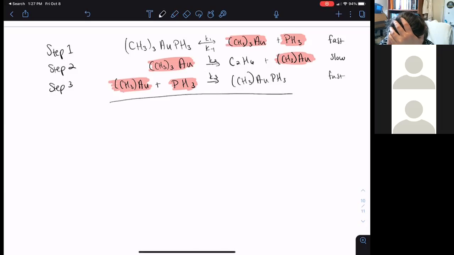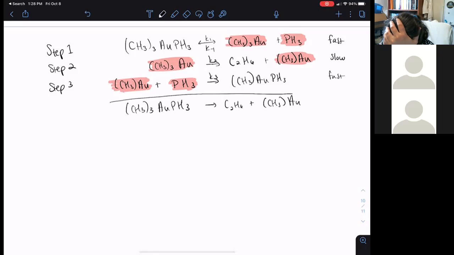After all that, we get (CH3)3AuPH3 goes to C2H6 plus CH3AuPH3.